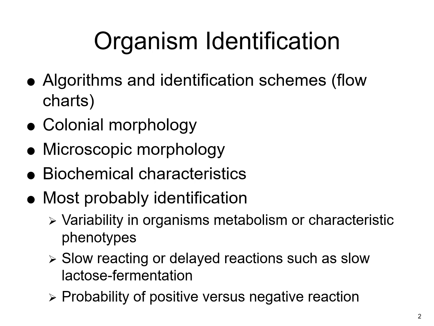And the probability of positive versus negative reactions, so you kind of have to use some of those characteristics. If it's fermenting slower, then you have to base it off the probability of it actually producing a positive reaction versus a negative reaction.